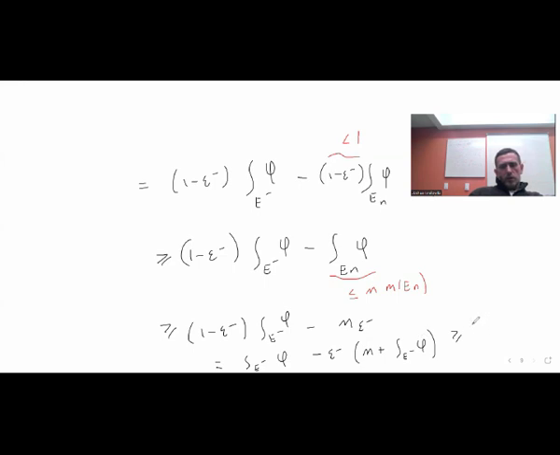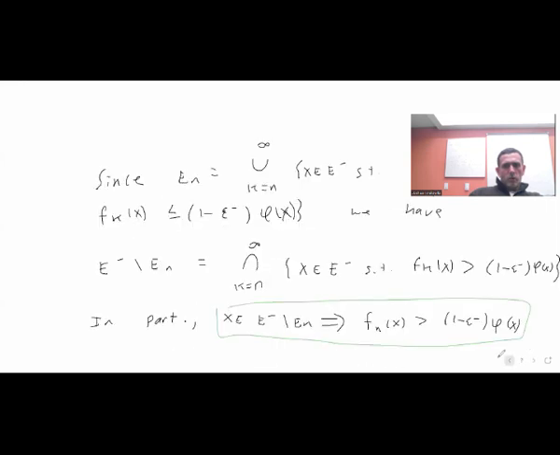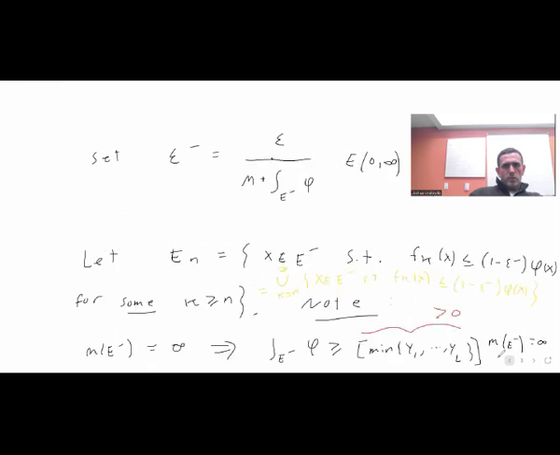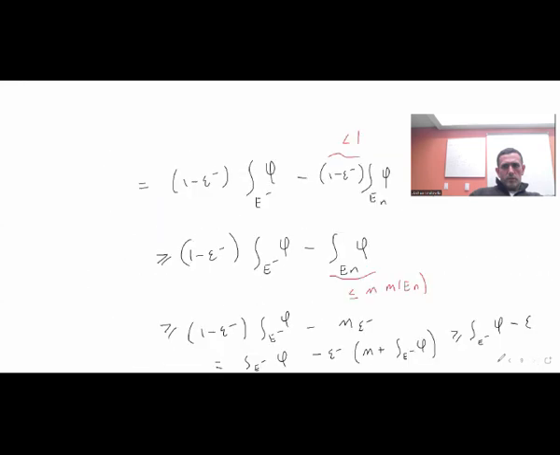So this is going to be the integral of phi minus epsilon. Again, epsilon prime was set to be epsilon over this whole thing here. So less than that, minus makes it bigger or equal to.